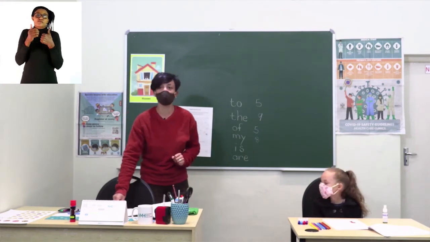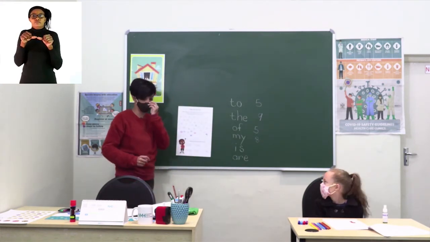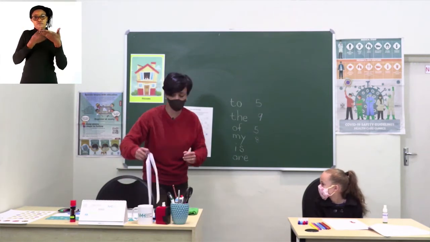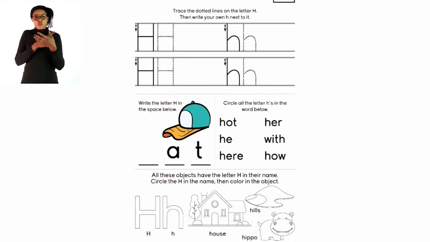Good. Let's continue with the next page. Page 10. Are you all at page 10? Now we concentrate on the letter H. Can you think of a few words starting with H?